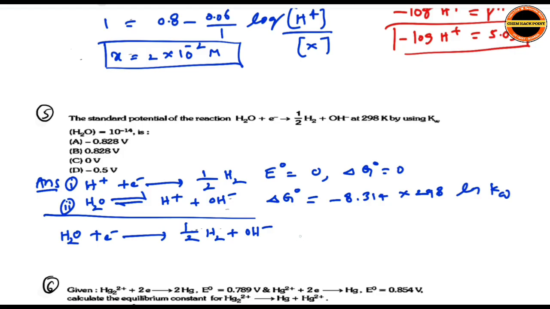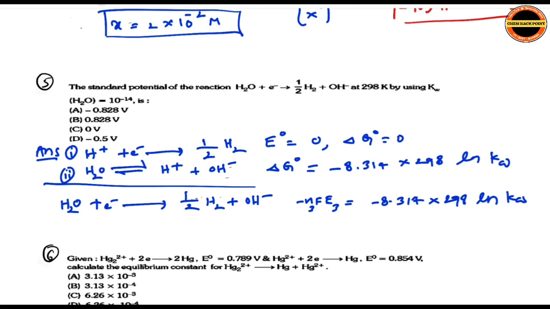So for that I am writing minus NF E naught 3 is equal to, because the first is anyway 0, no need to consider the first, 8.314 into 298 ln Kw. If you substitute the values, N is 1, F is 96,500. So we need to find E naught 3.